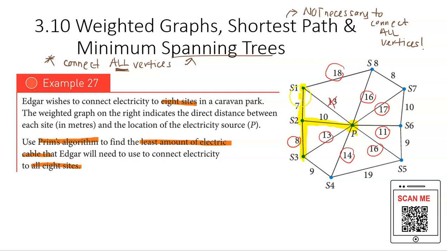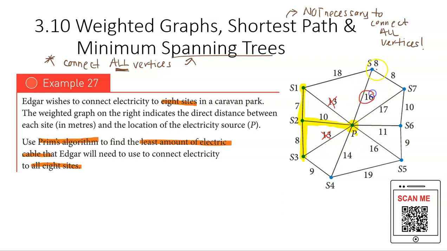So I have found 1, 2, 3, 4 points. So you need to repeat this step again. Over here, I no need to look at this 13 because I already connected this point. So straight away continue.